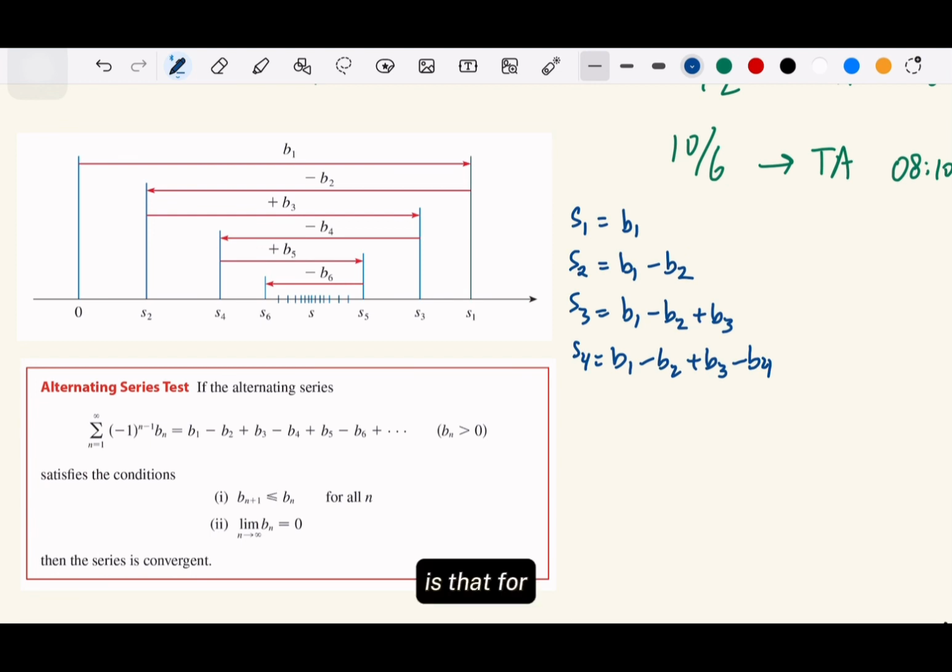Is it divergent or convergent? Other than alternate series, I think so.